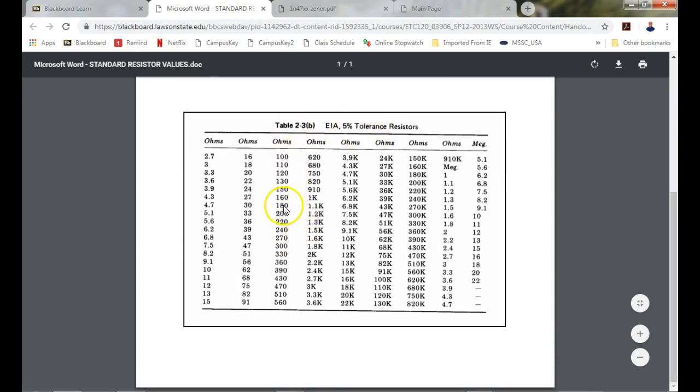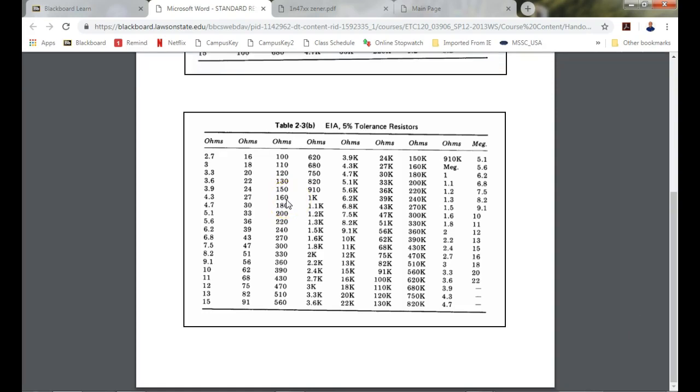So here's 180 ohms. We got 160 ohm available. Would 160 work? Well, it's 5%, so would it work? So we calculate, we'll multiply it by what? 1.05, right? Understand? They'll raise it by 5%. So take 160 multiplied by 1.05.